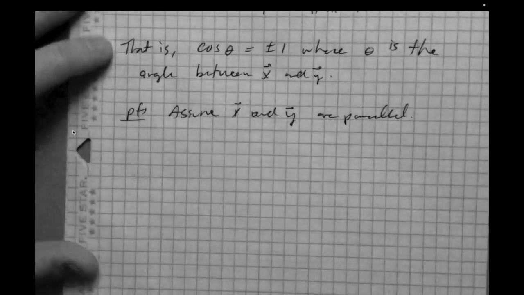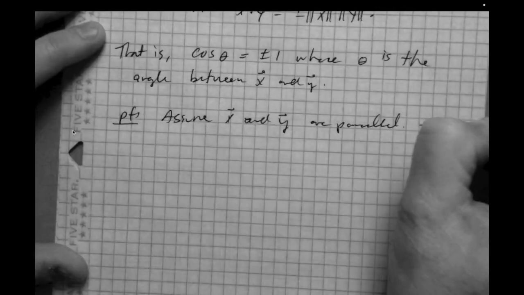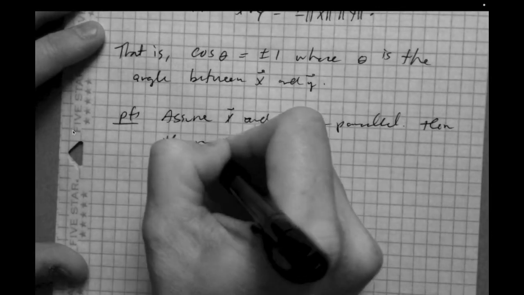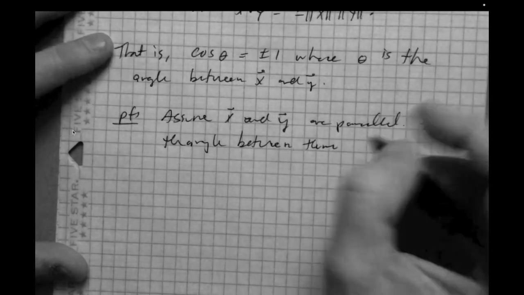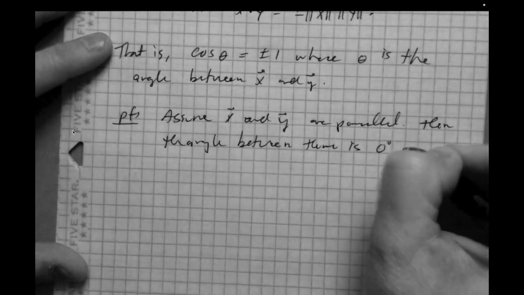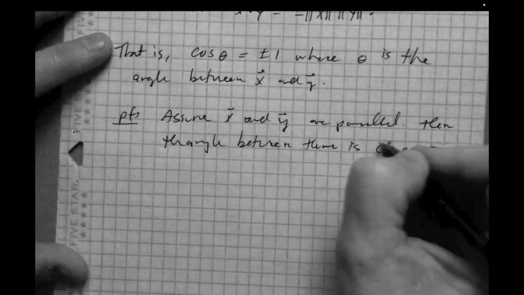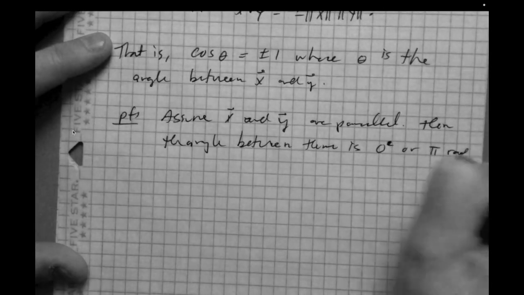Okay, let's assume that they're parallel. Then the angle between them is 0 degrees or pi degrees, or 0 radians or pi radians.